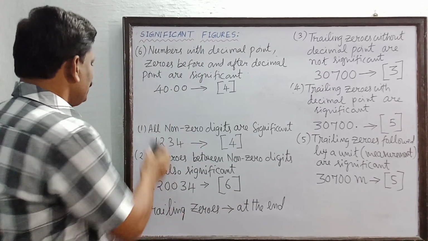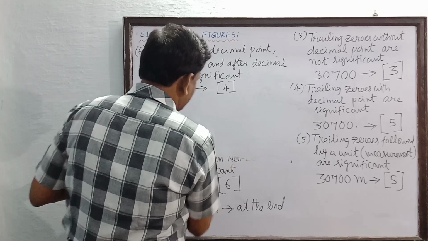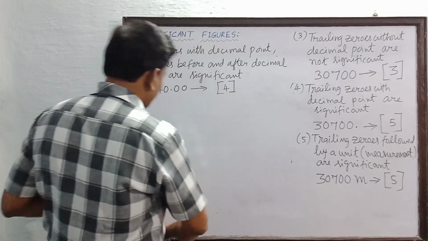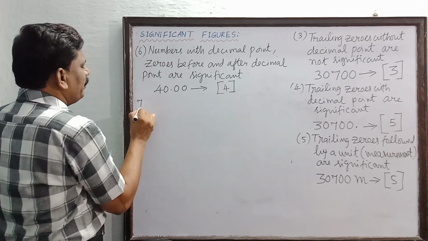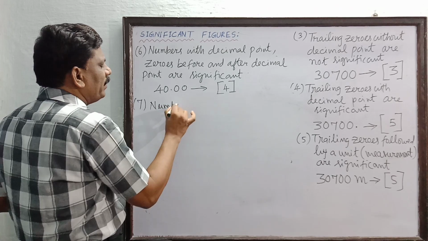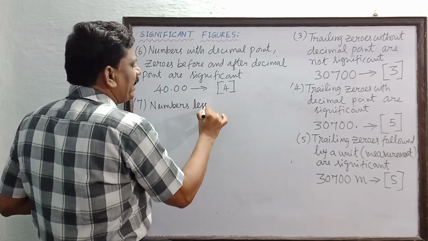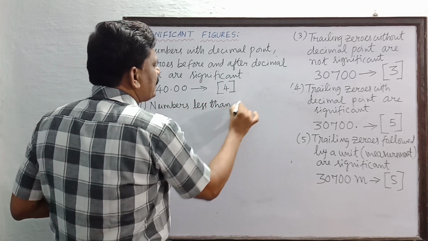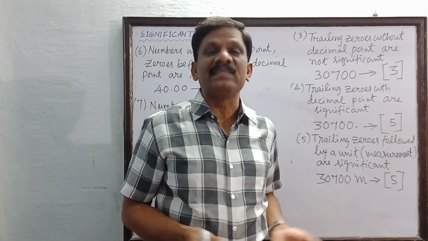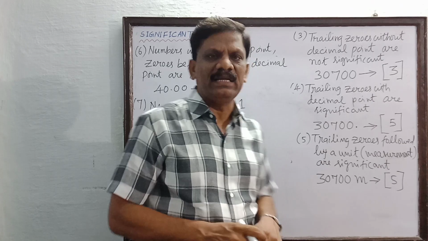Now rule number 7 is exclusively for numbers less than 1. So I am going to consider numbers less than 1, which means 0.9, 0.5, 0.75, like that, any number less than 1.